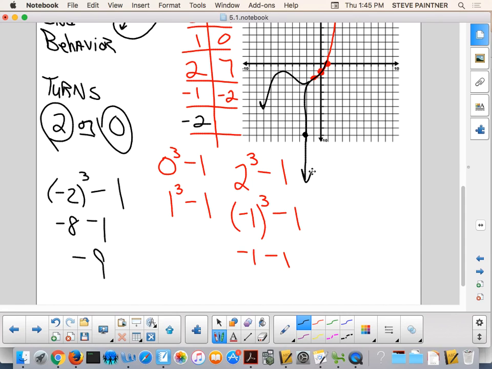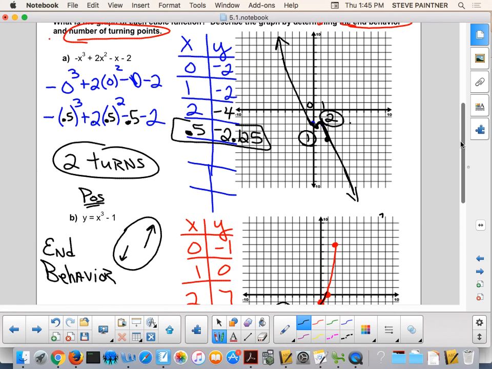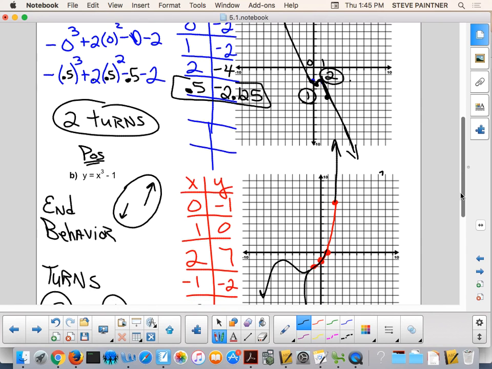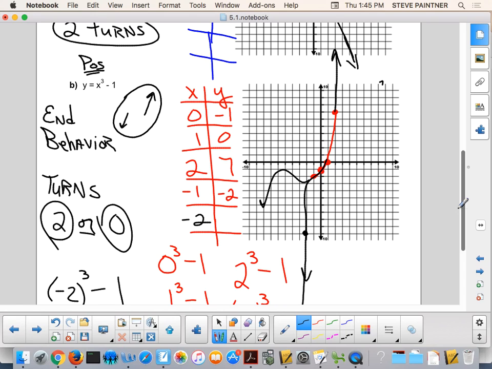And if you want, you could try more numbers. It's just going to go faster and faster down, and faster up. How many times did this thing turn? None. Yeah, there's no turns. Okay, and how do you know?